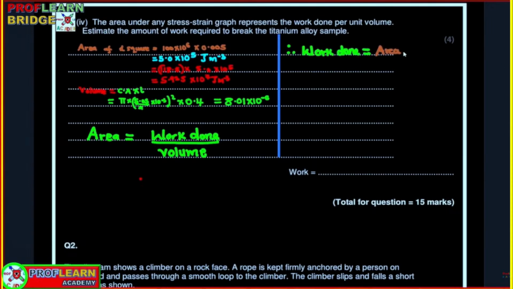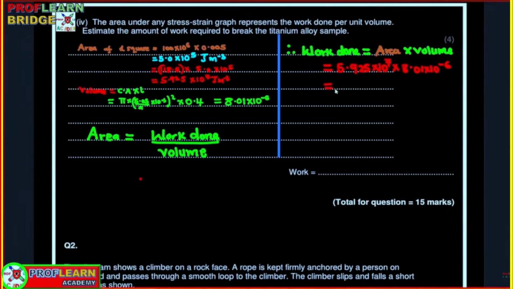To calculate work done, it will be area times volume, which means we take the area, 5.925 times 10 raised to the power 7, times the volume, which is 8.01 times 10 raised to the power negative 6.